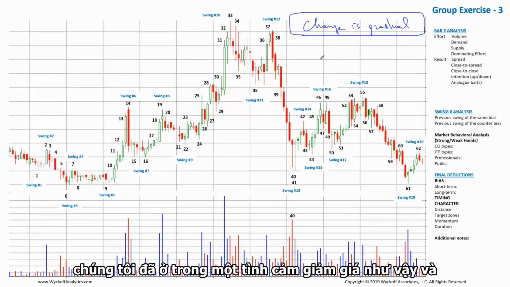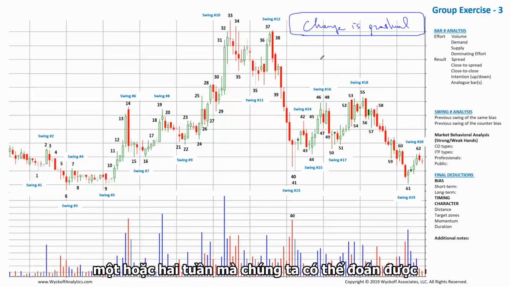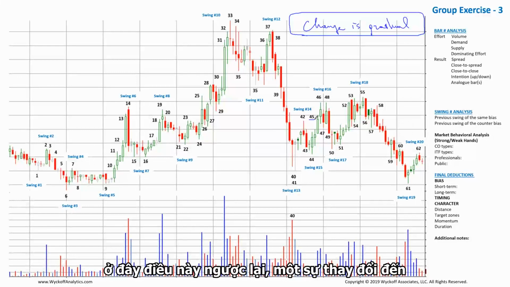We were in such a bearish sentiment, and then quickly that sentiment changes. But even with that quickness, we still had a week or two where we could have guessed that the change is taking place, and we could have seen the signs of the demand coming into the market. Well, here this is the opposite. A change comes gradually at point number 45 because we see that the volume signature has increased.